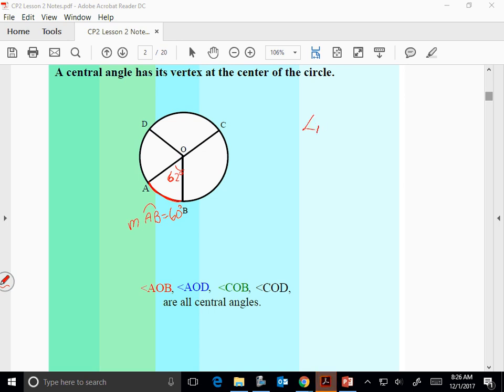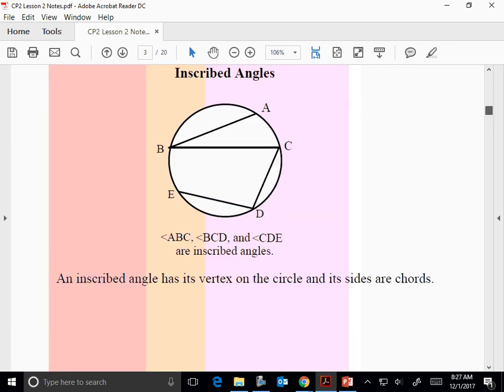So angle AOB equates to the intercepted arc, which we call AB. AOD would correspond to the intercepted arc AD, etc. So that's just a little bit on central angles. A central angle's measure is equal to the arc measure that it intercepts.